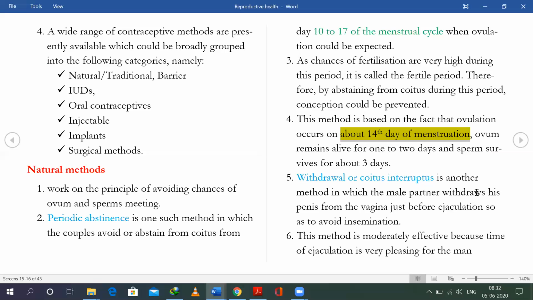The sexual intercourse will be avoided 3 days prior to the ovulation and 3 days after the ovulation as well. So prior will be from day 11. That means from day 10 to day 17, a complete 7 days, the sexual intercourse is avoided.